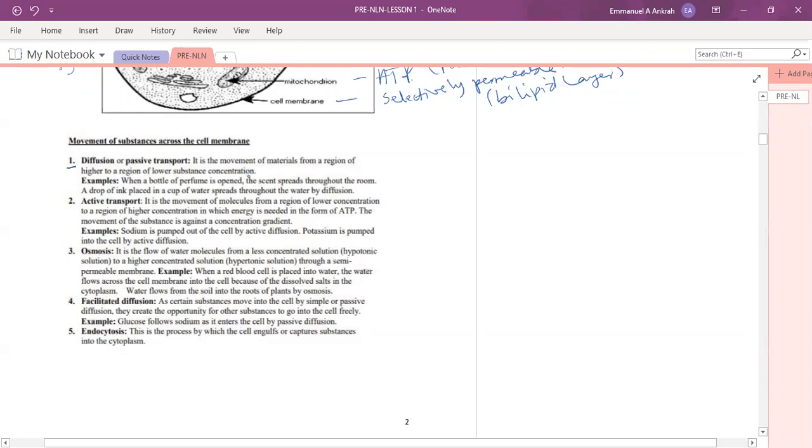So usually I like to draw a diagram that looks like this. Okay, let's see.